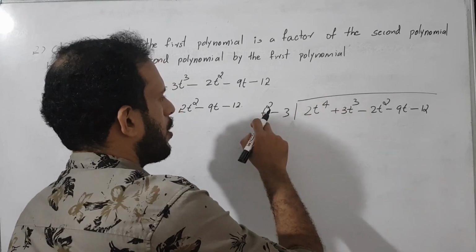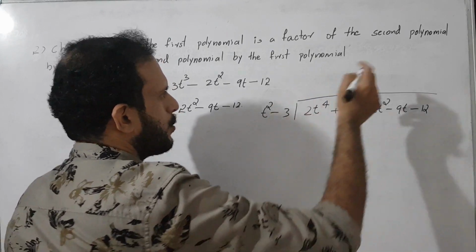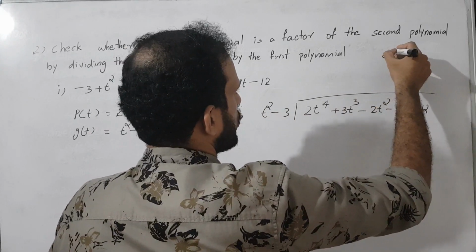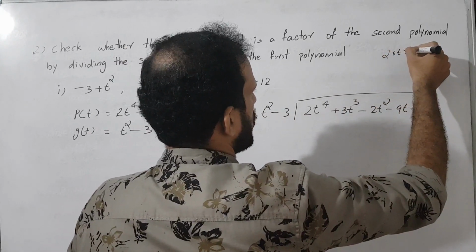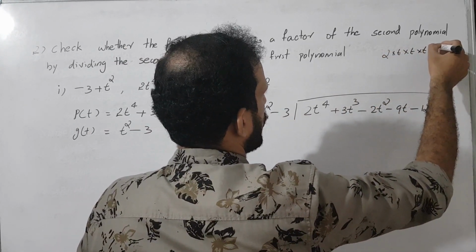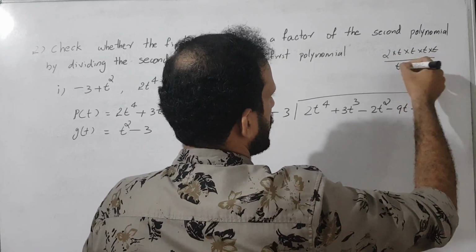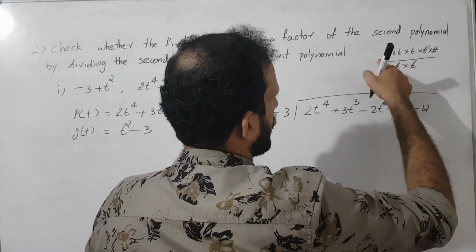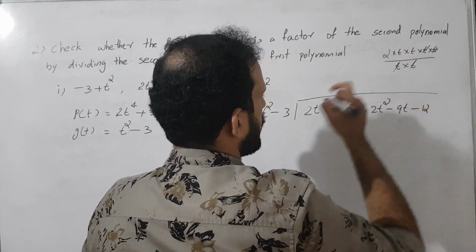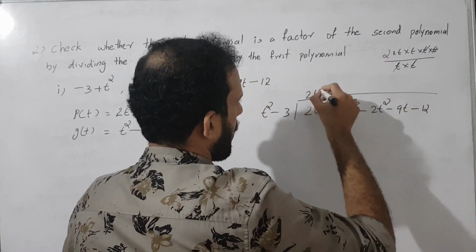2t raised to 4 divided by t square, what do you get? 2t raised to 4 means 2 into t into t into t into t divided by t into t. Then t cancel, then what is the remaining? 2 into t means 2t square.